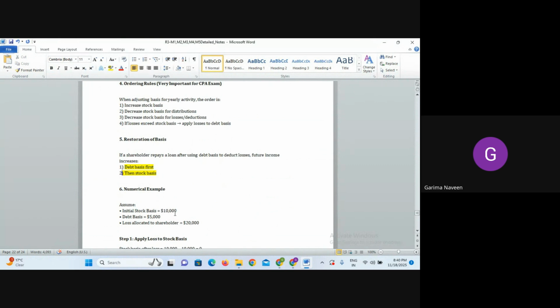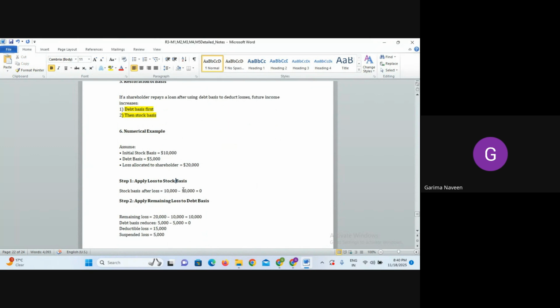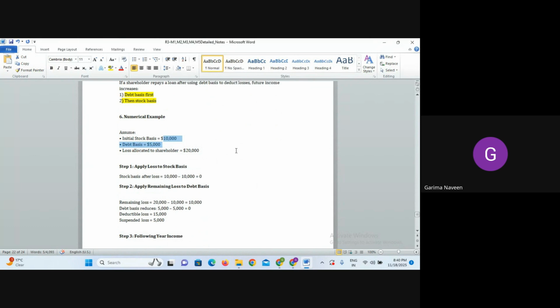For example, suppose you have a stock basis of 10,000, a debt basis of 5,000, and a loss of 20,000. As I told you, this loss is subject to the tax basis limitation, which is stock basis plus debt basis. That means you can deduct only $15,000 of loss, and the rest you need to carry forward.